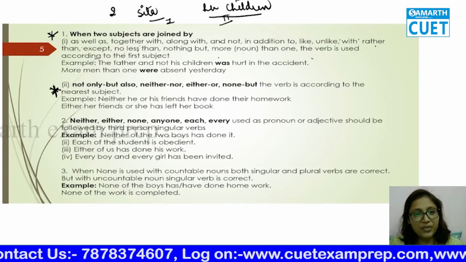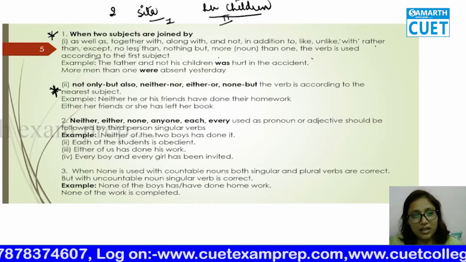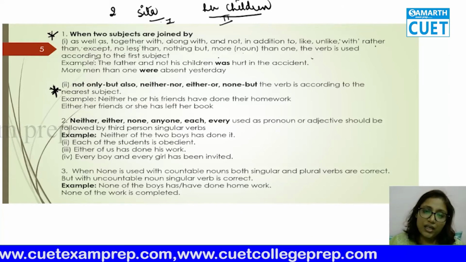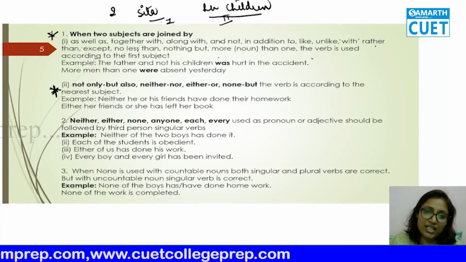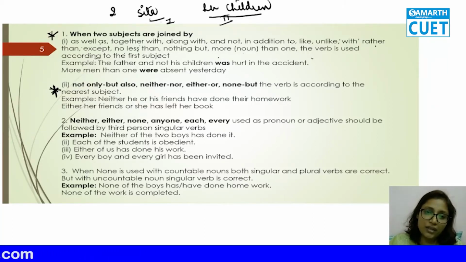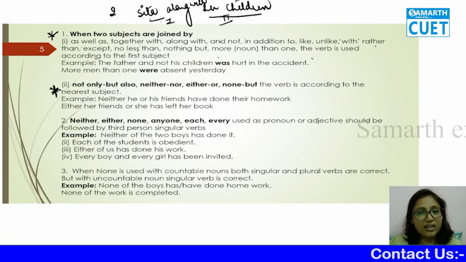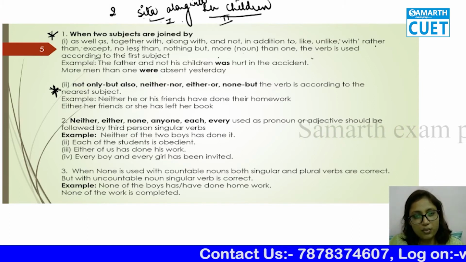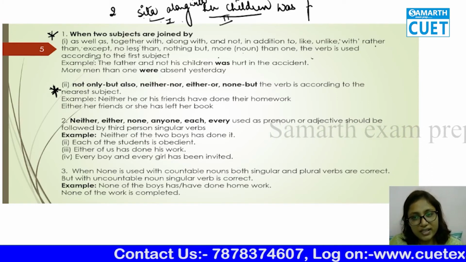The verb is used according to the first subject. Here is the first subject, here is the second subject. So the number can be different for both the subjects, like in here, it's Sita and her children. But if I say Sita along with her children, it will take first this, Sita along with her children was present at the party.